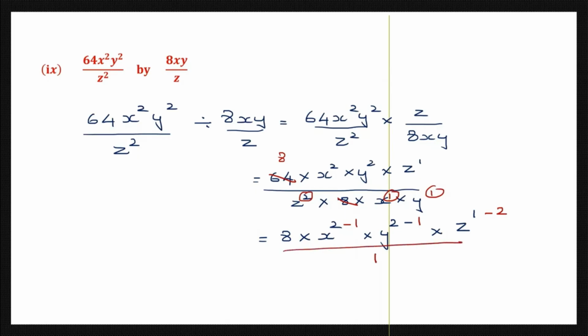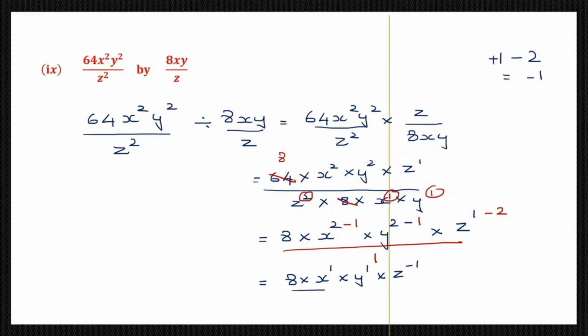So now let's work this out. 8 into x to the power of 2 minus 1 is 1, into y to the power of 1, into z to the power of minus 1, because 1 minus 2, we put the sign of the bigger number and subtract. 2 minus 1 is 1. So that is minus 1.